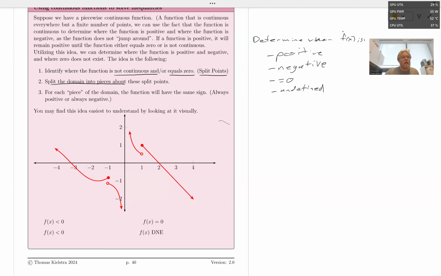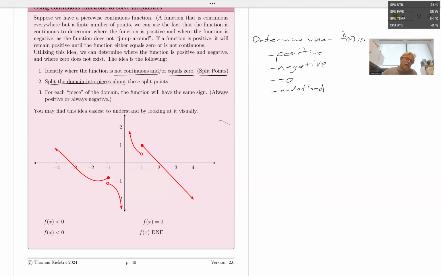And then the last piece is for each of these splits, we determine if the function has the same sign. So in each piece, the function will always have the same sign. Okay? So by understanding the sign within each piece, we can look at where we are positive, where we are negative, and where we are undefined.